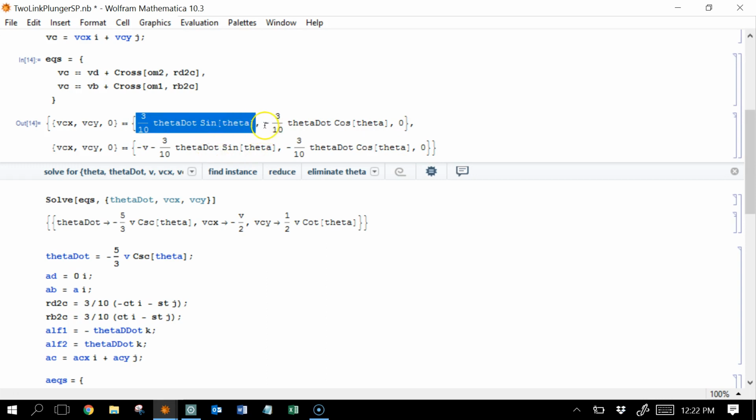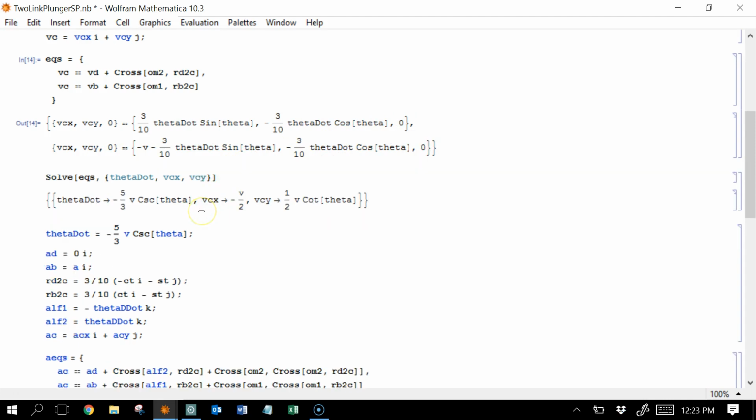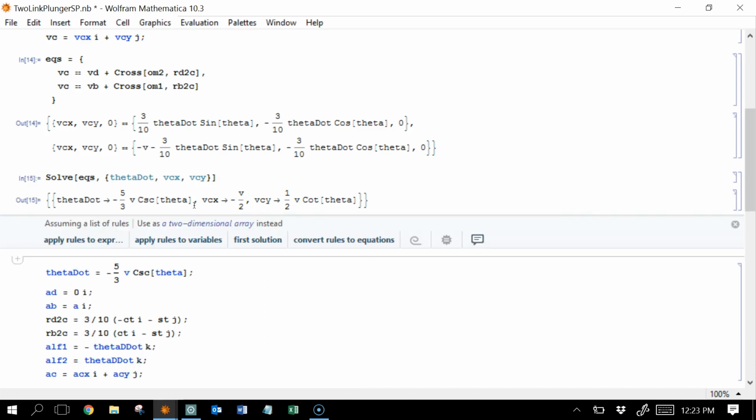Then you have the comma, and then here comes the j piece, and a comma, and then the k piece. I look in those as a sanity check, make sure everything is okay, and then you want to solve the equations. In this case, you want to solve for theta dot, VCX and VCY. If you hit execute, it solves them for you fairly quickly.